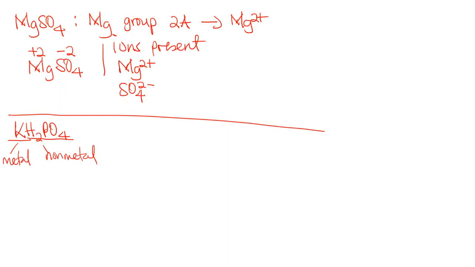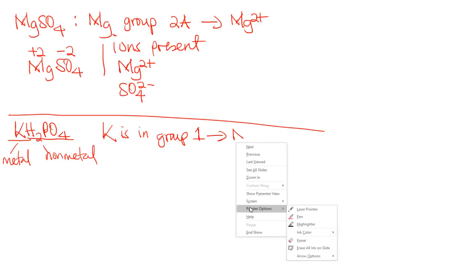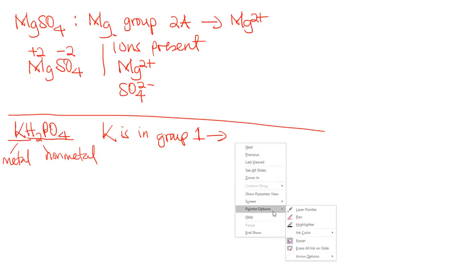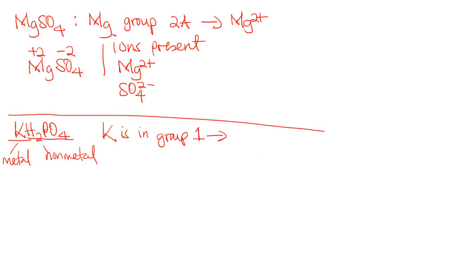Based on that, we know that K is in group 1. Therefore, the ion it forms will be K+.